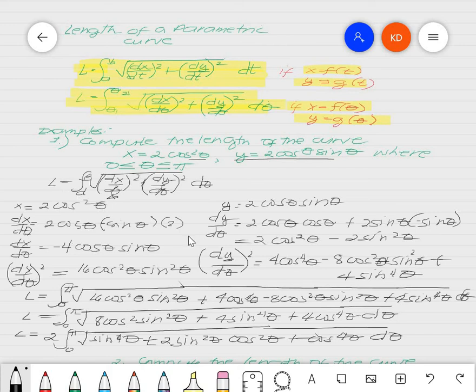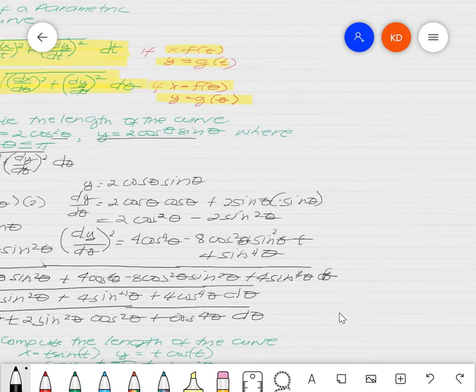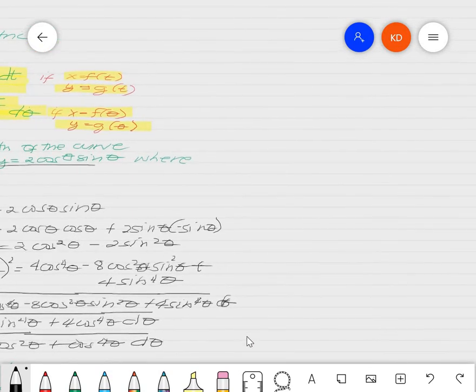So the given expression earlier will be simplified to the value of L, which is equal to 2 integration of square root of, from 0 to pi, let's try to have sine first.